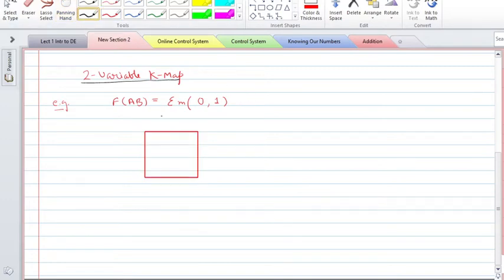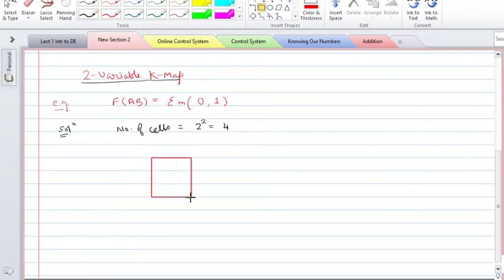Okay, so the number of cells will be equal to 2 raised to power 2, that is 4 cells. So for 4 cells we have to draw these 4 cells like this.